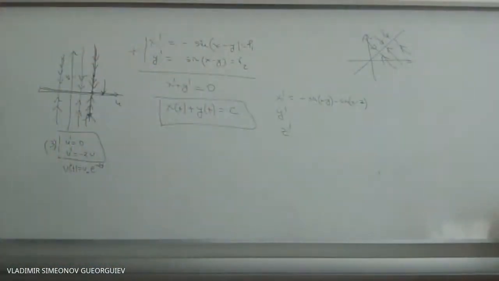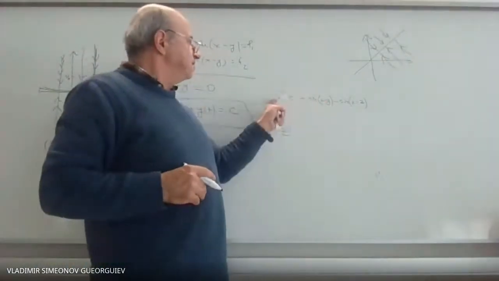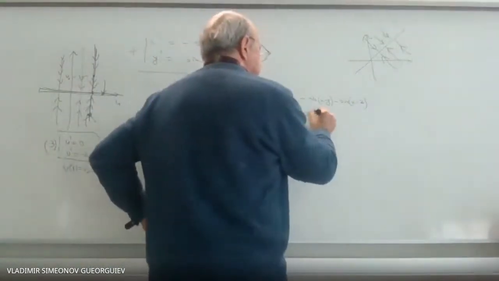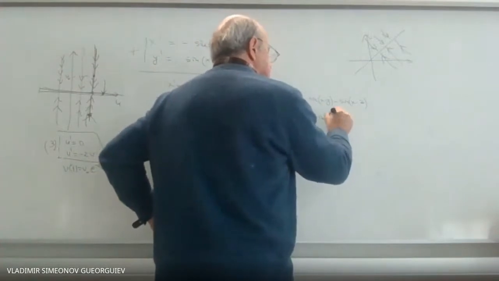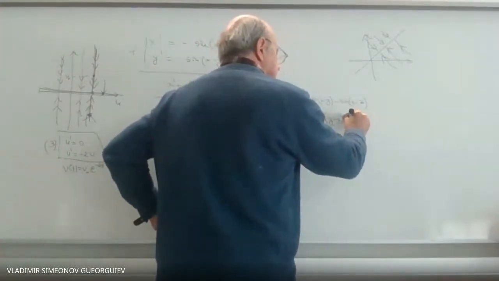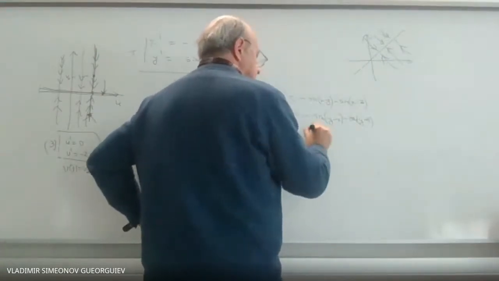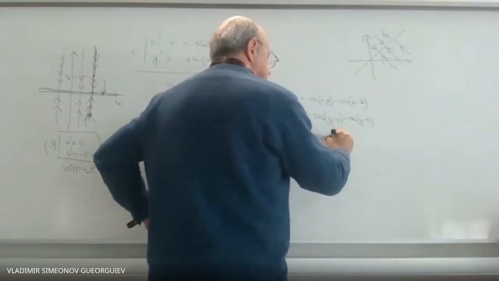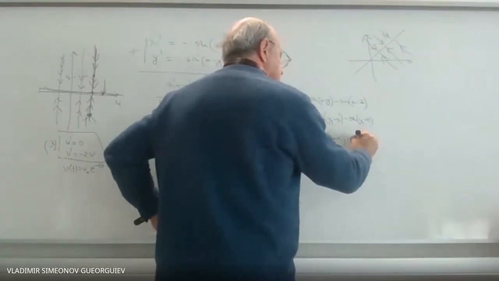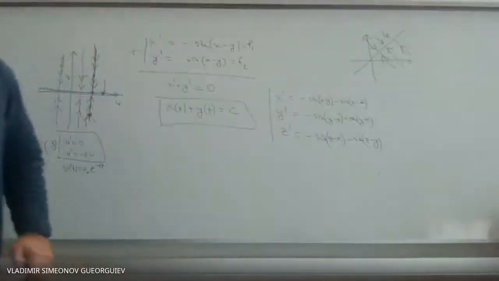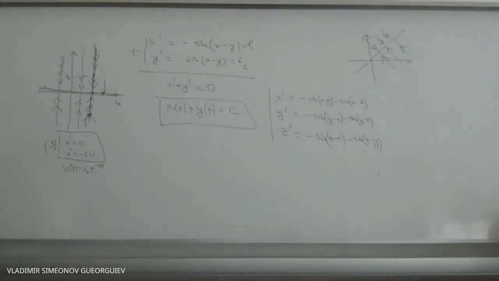So what I am doing, I am writing it like this: for x, I leave x here. When I have y, this is minus sine of y minus x, minus sine of y minus zeta. And if we have zeta, this is minus sine of zeta minus x, minus sine of zeta minus y. This is the case of a 3 by 3 system. What can we do here?